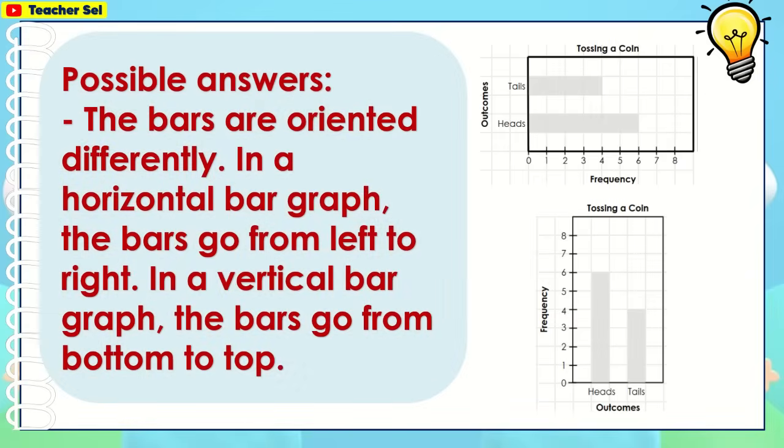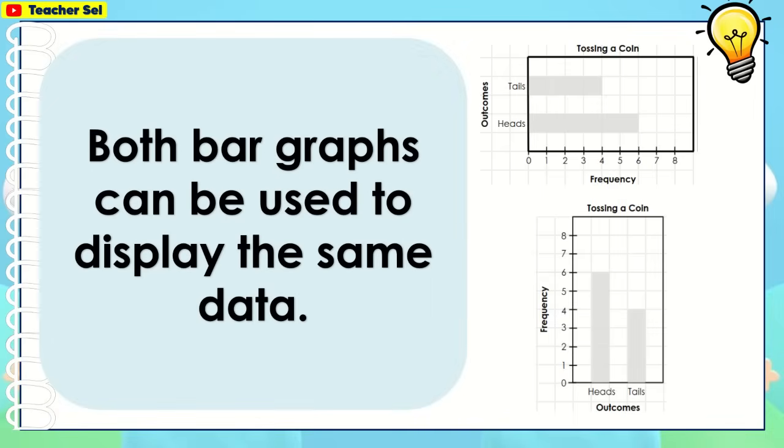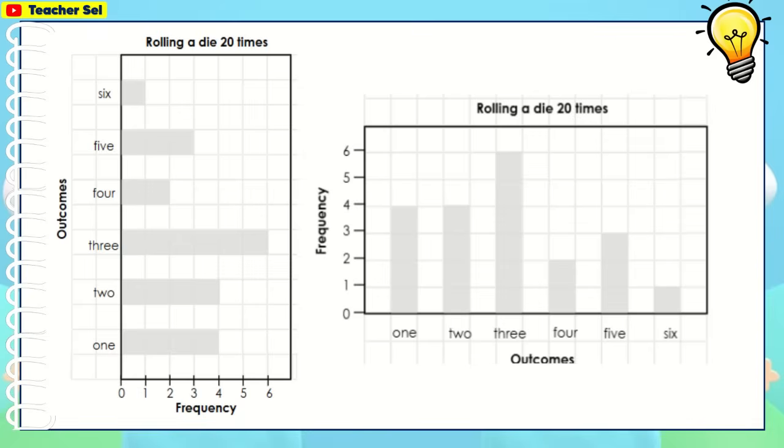The bars are oriented differently. In a horizontal bar graph, the bars go from left to right. In a vertical bar graph, the bars go from bottom to top. Both bar graphs can be used to display the same data. Look at these graphs.